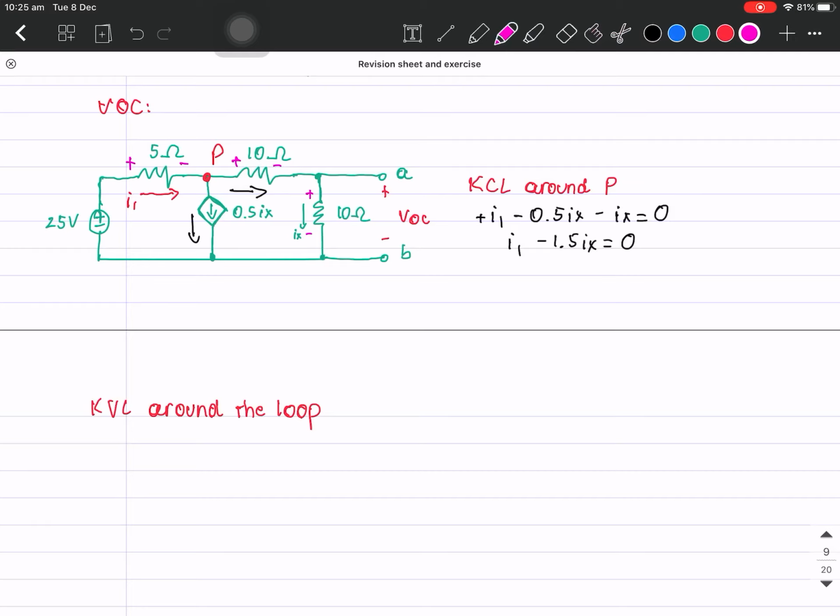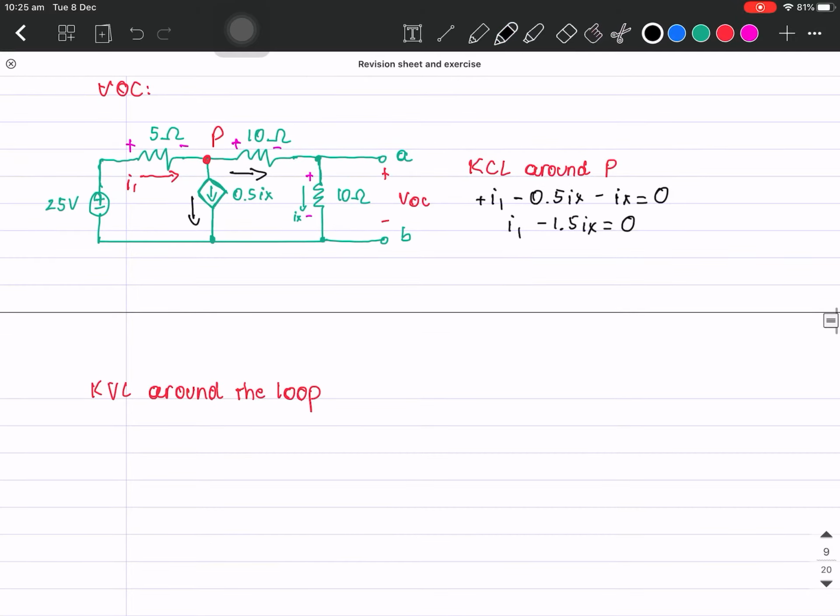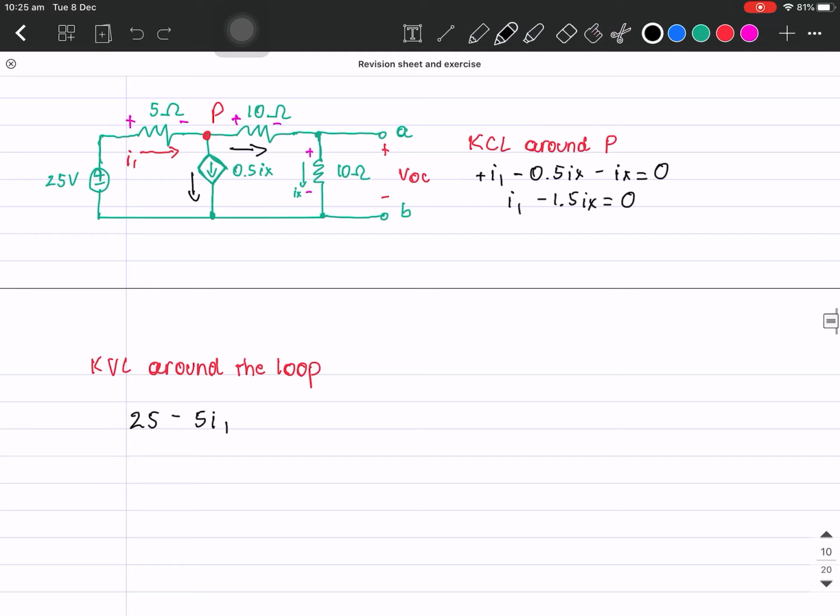So we got the idea. Okay. So we have 25 volt subtract 5I1, we have here a 10 ohm resistor and 0.5 Ix, and this one is Ix.